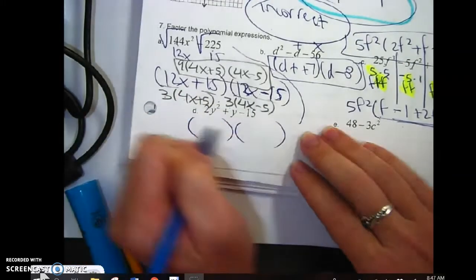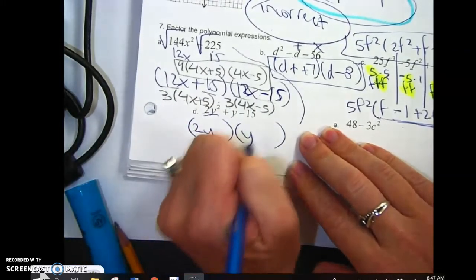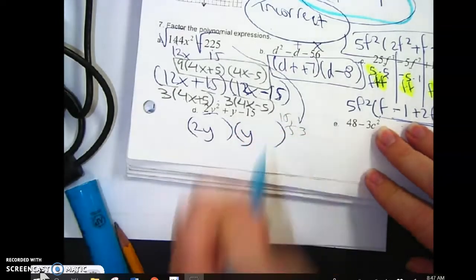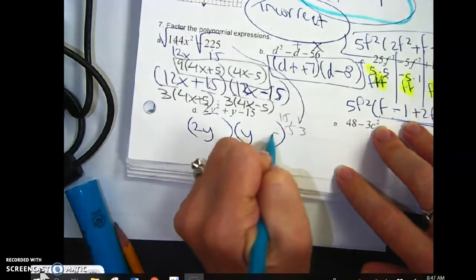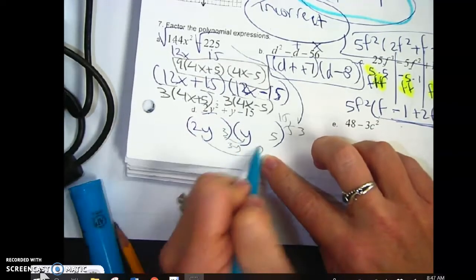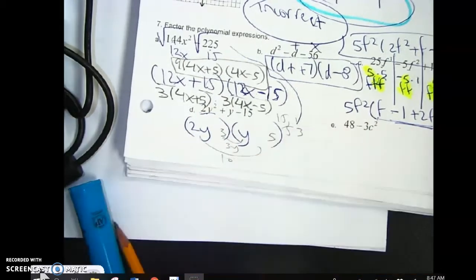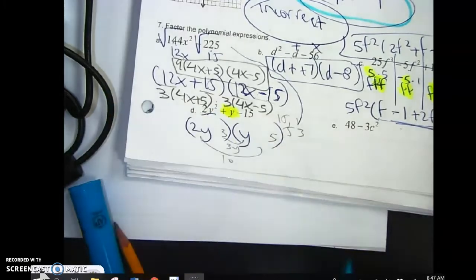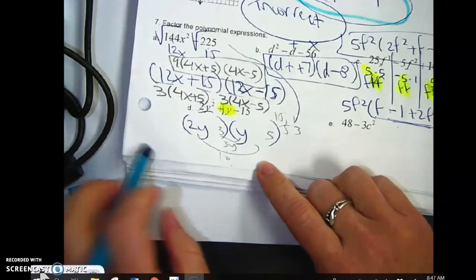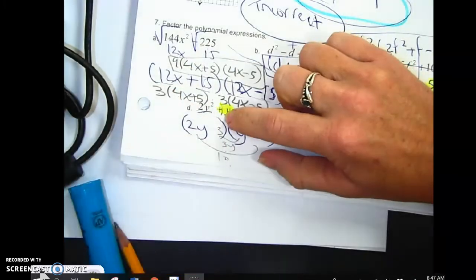This is the one where you're doing guess and check. So 2y squared gives me 2y and y. And then 15 is 15 and 1, and 5 and 3. So let's do 5 and 3 first. 3 times y is 3y. 2 times 5 is 10. I'm trying to get this center, which is an imaginary 1. 10 and 3 isn't going to give me 1.